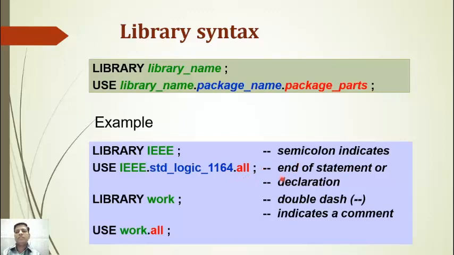Semicolon indicates the end of statement or declaration. Then another library that is very important, library standard semicolon, then use standard dot standard underscore logic underscore vector dot all. Third, library work and use work dot all. So these are some examples for library declaration.